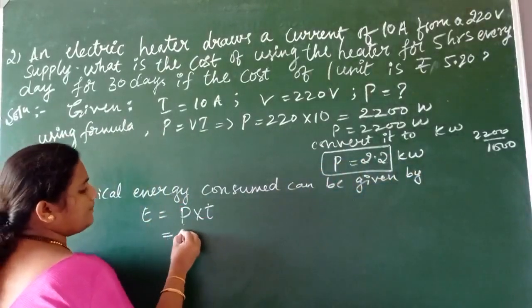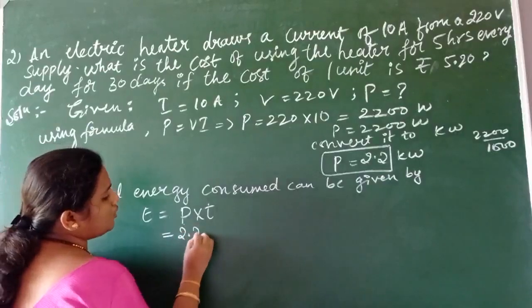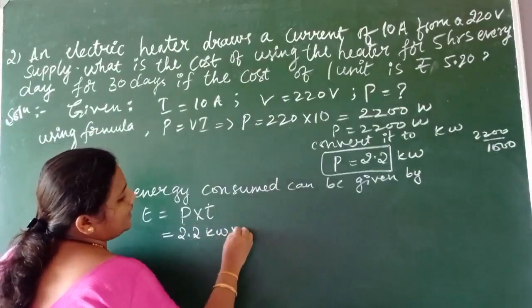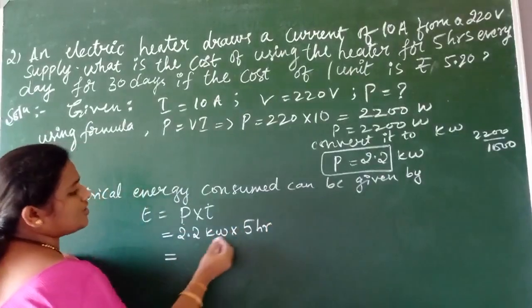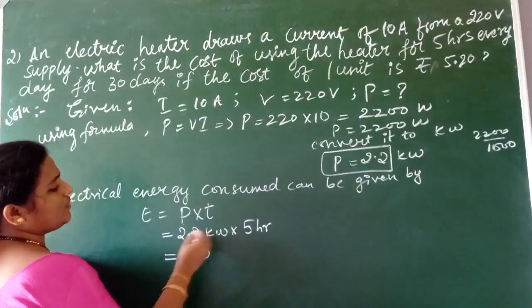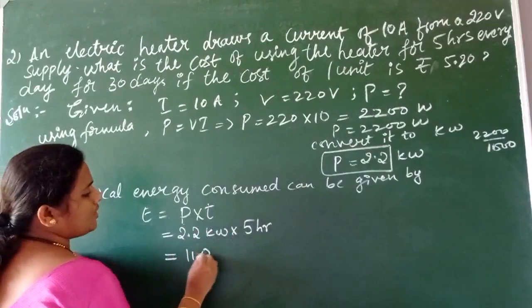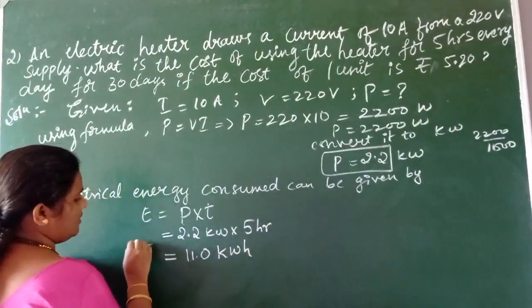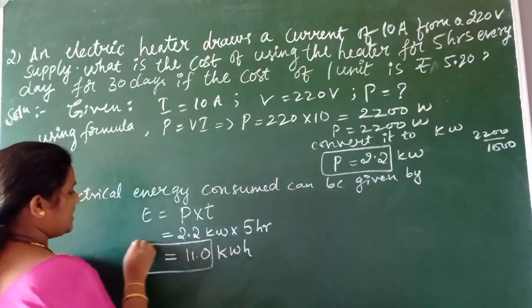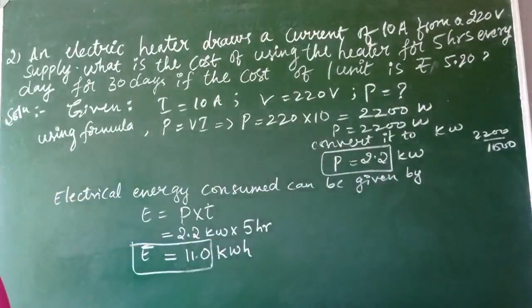So write 2.2 kilowatts into 5 hours, which means how much, children? 11.0 kilowatt hour is the energy consumed per day.